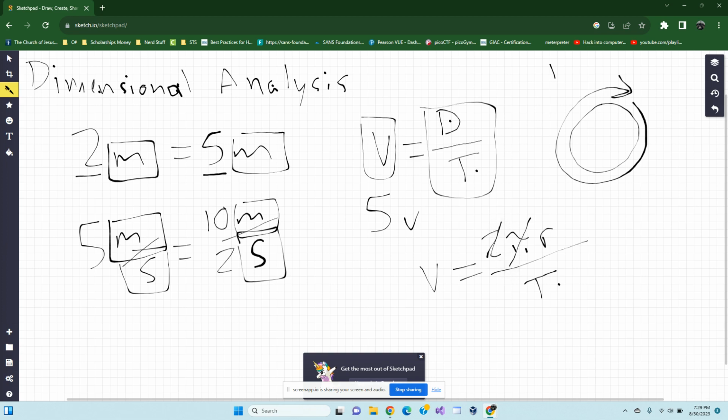Pi is also unitless, it's just a number. R, what would we measure the radius with? We would measure it with distance or length. So if we were to actually measure it, we would have meters and seconds, and so our units would be the same on both sides.